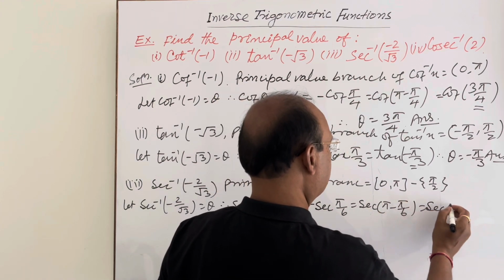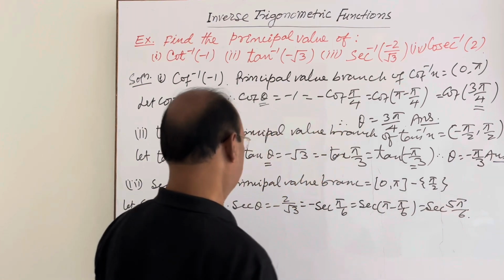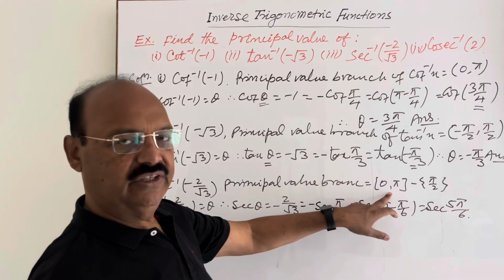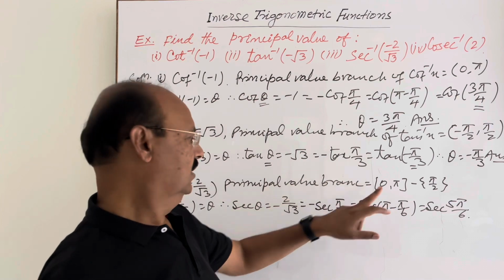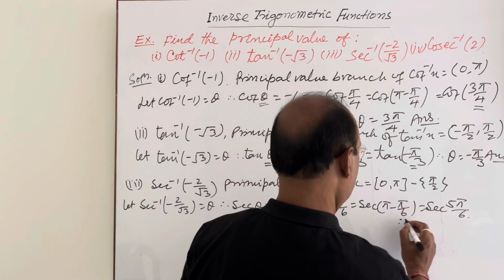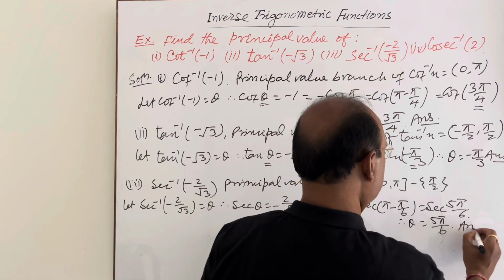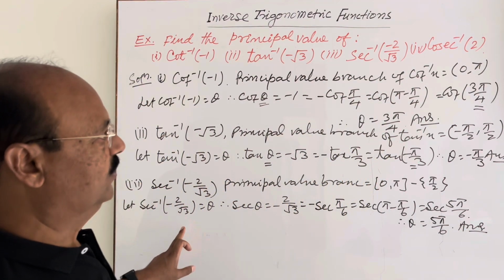This is equal to sec of 5 pi by 6. So if we write theta is equal to 5 pi by 6, we must check the interval. 5 pi by 6 lies in this interval here. So therefore theta is equal to 5 pi by 6. This is the principal value of sec inverse of -2/√3.